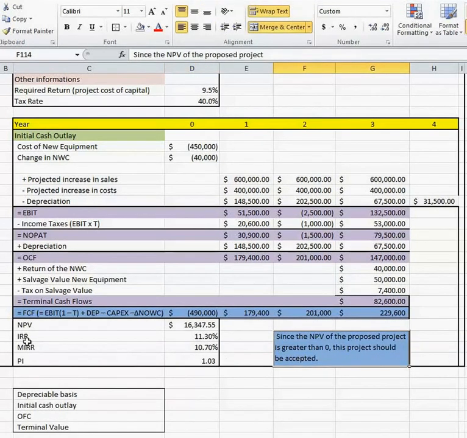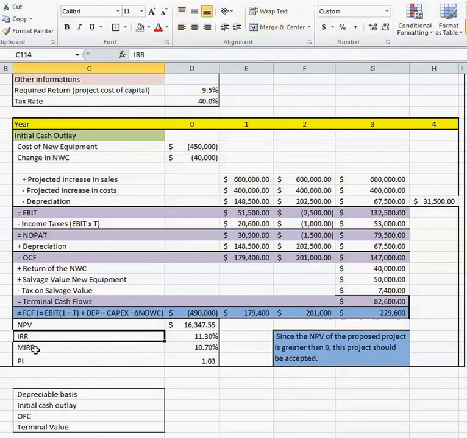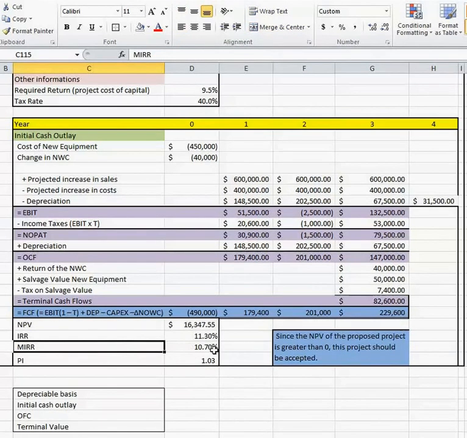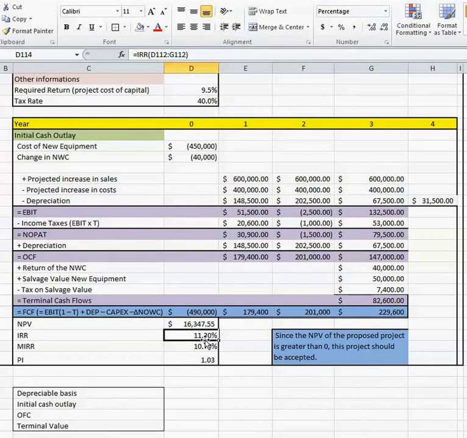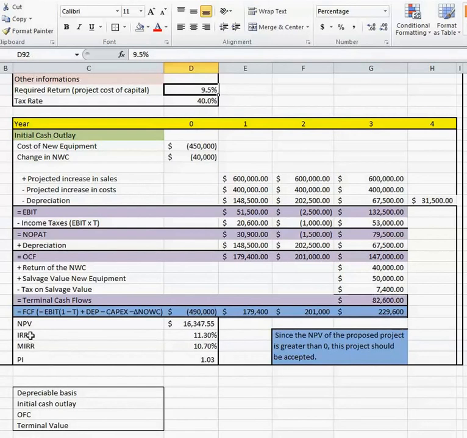If you want to use internal rate of return or modified internal rate of return, you compare with your cost of capital. Your cost of capital is 9.5%, but your internal rate of return is 11.3%. Therefore, the internal rate of return is higher than the cost of capital, so using the internal rate of return criterion too, you're gonna accept this project.